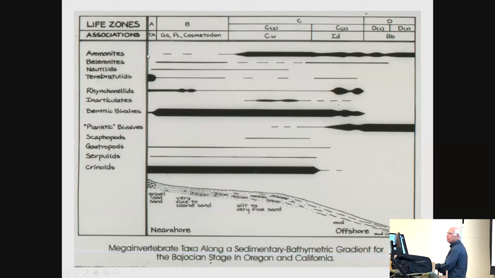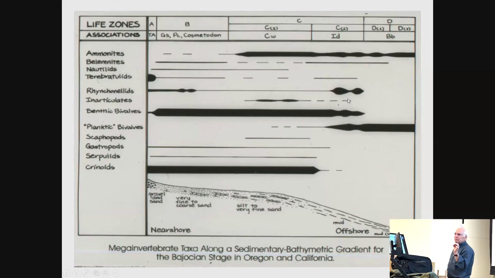The ammonites probably weren't really fantastic swimmers, so they didn't do well in the very inshore deposits, but they were more prolific in the outer part of the shelf and off into the basin in waters that were probably several hundred meters deep. So I came up with this nearshore offshore scheme that seems to work for me repeatedly.